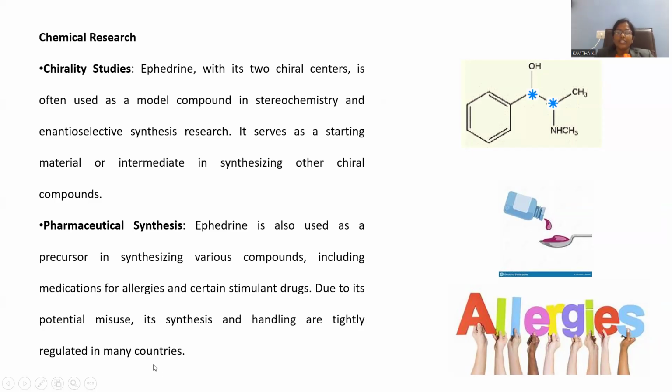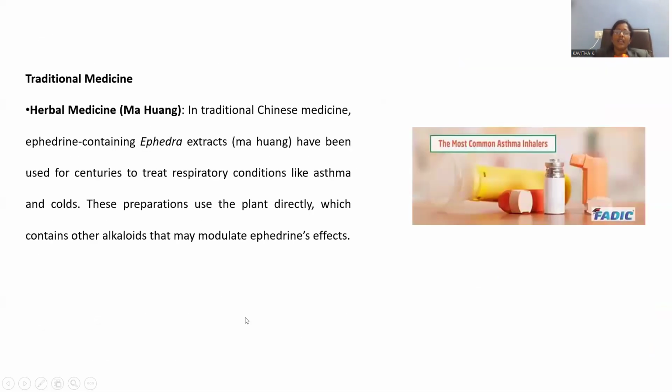In addition to all these, it is used as a precursor for various compounds synthesized to eradicate allergies. Various kinds of allergies are there, no? Whenever people are suffering with allergies, ephedrine is also used. Ephedrine and its derivatives can be utilized to mitigate these allergies, so the allergy repellent property is also present in this compound called ephedrine.